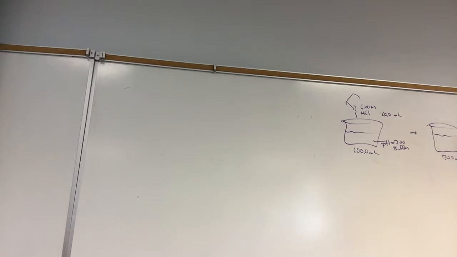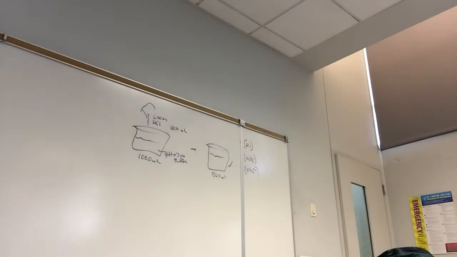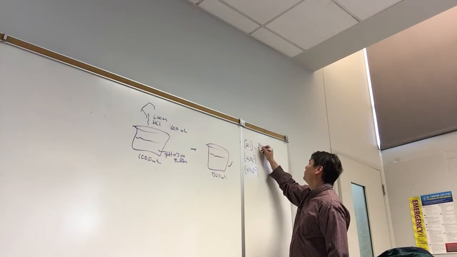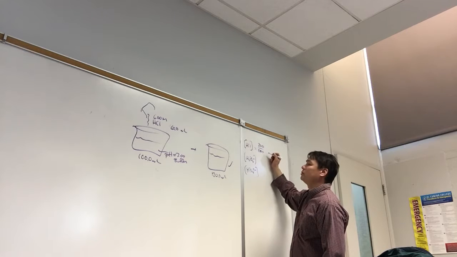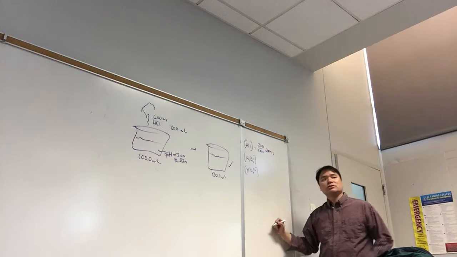And so let's figure out the new concentrations of the HCl, the H2PO4 minus, and the HPO4 2 minus. So the HCl, the dilution factor is a 20.0 to 120.0 dilution of 6.00 molar, which is going to give us a new concentration of what?